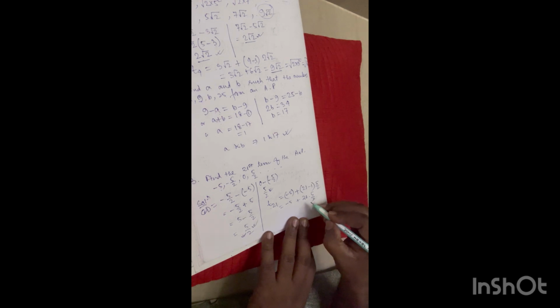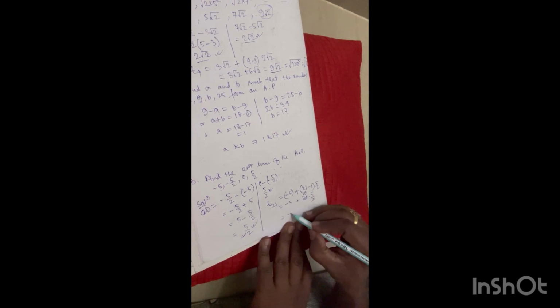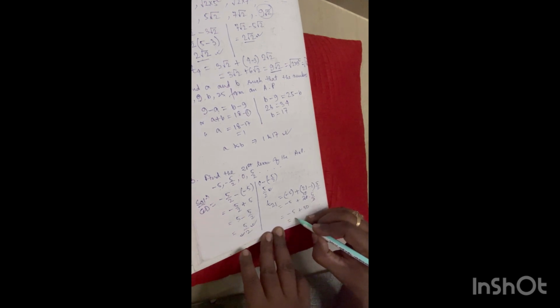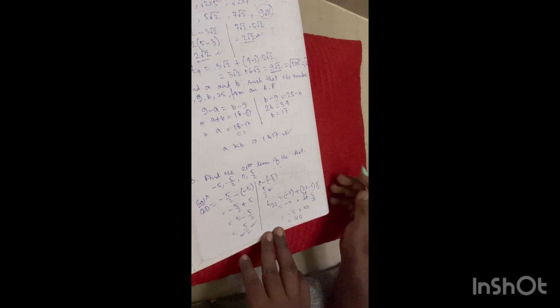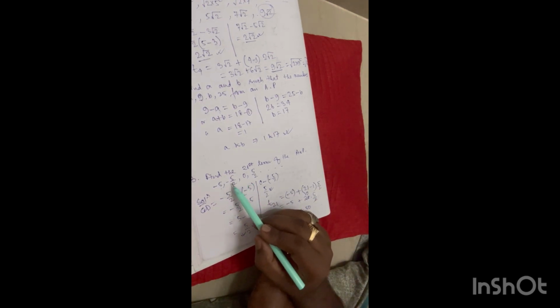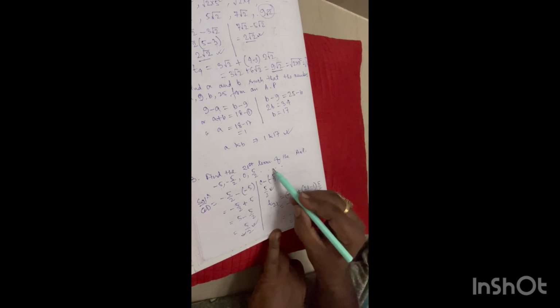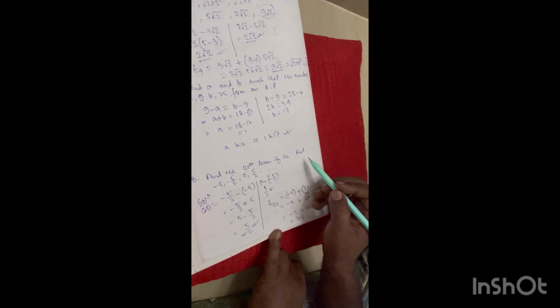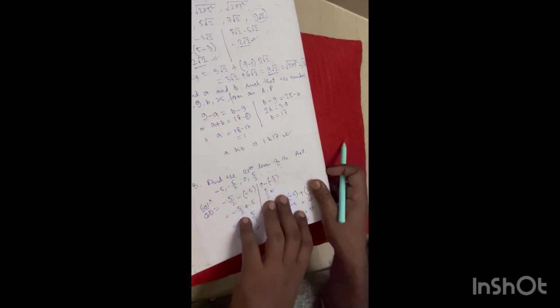Now if we simplify it, you will get minus 5 plus 10 into 5, that means 50, and finally you will get an answer of 45. Okay, so the 21st term of this series, if we proceed, you will get 45.